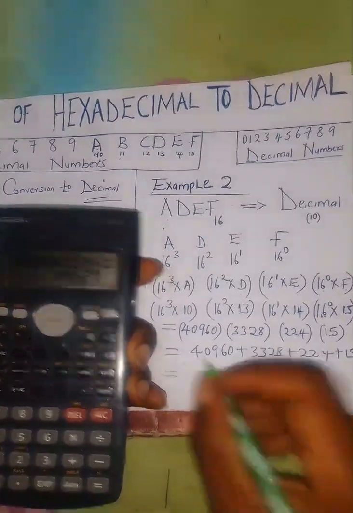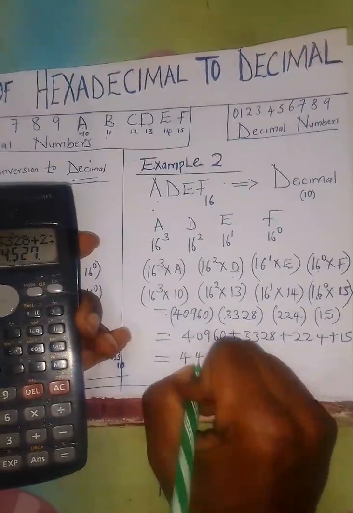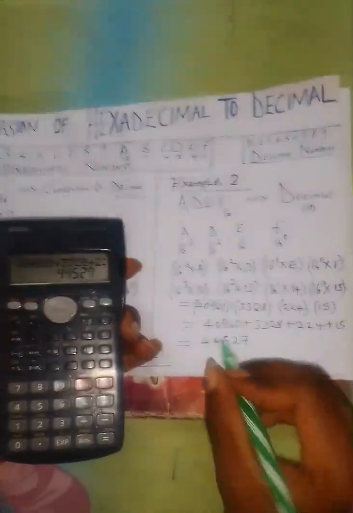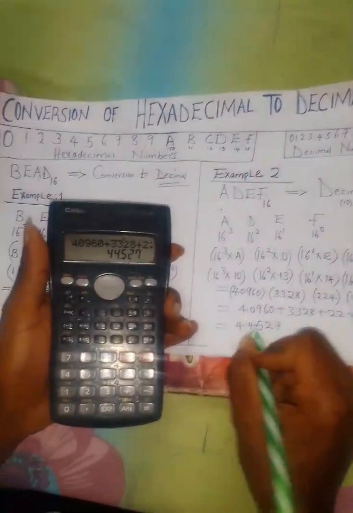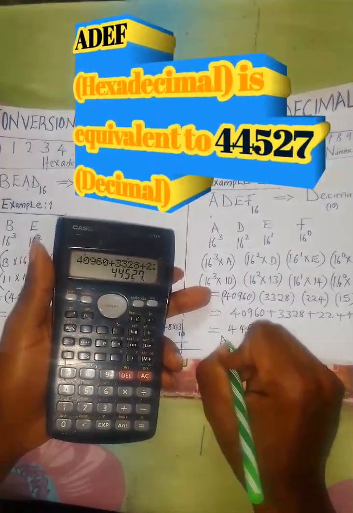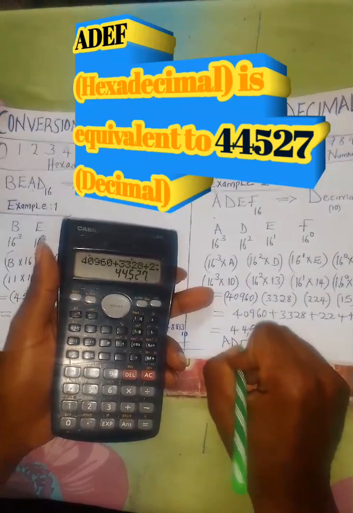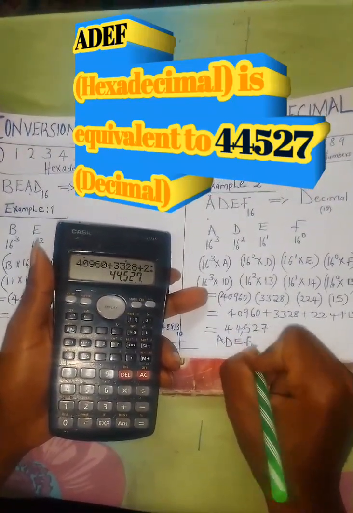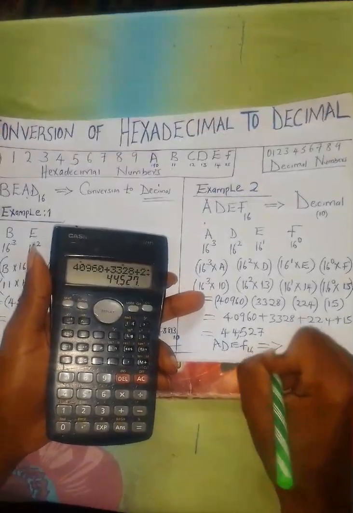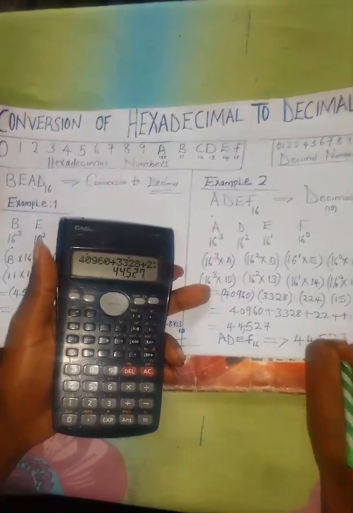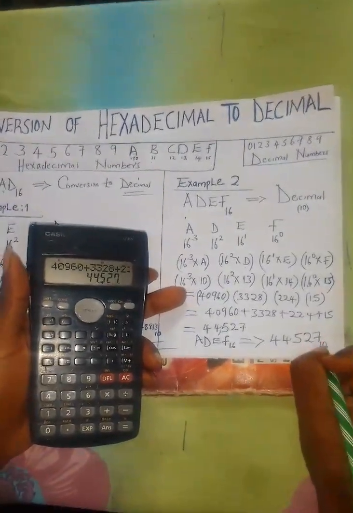It is 44,527. So ADEF in hexadecimal is equivalent to 44,527 in decimal.